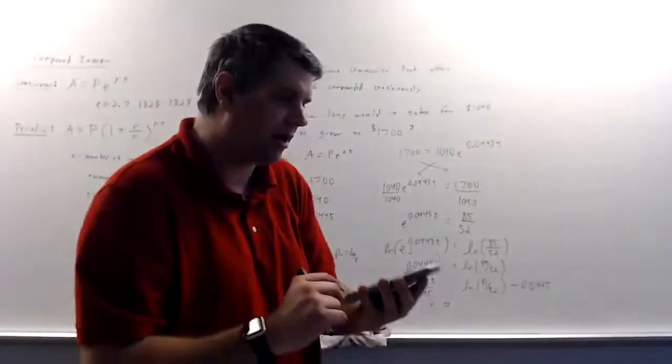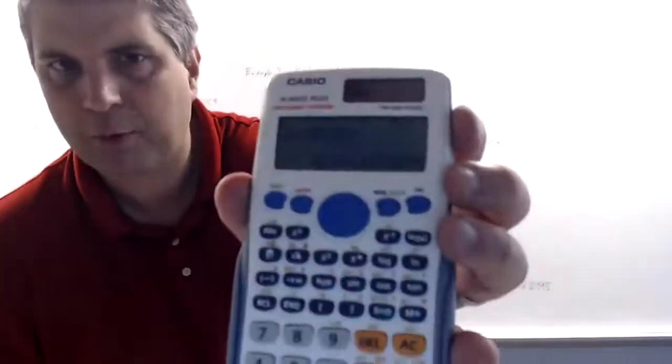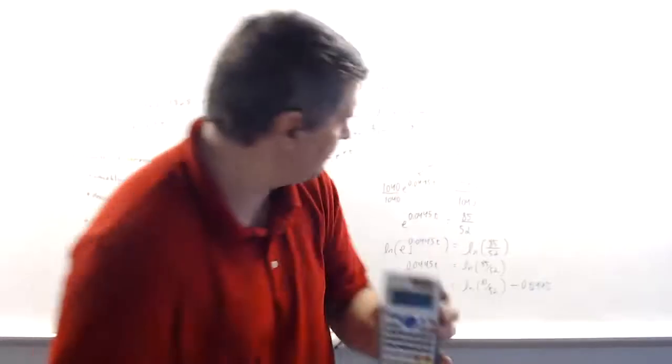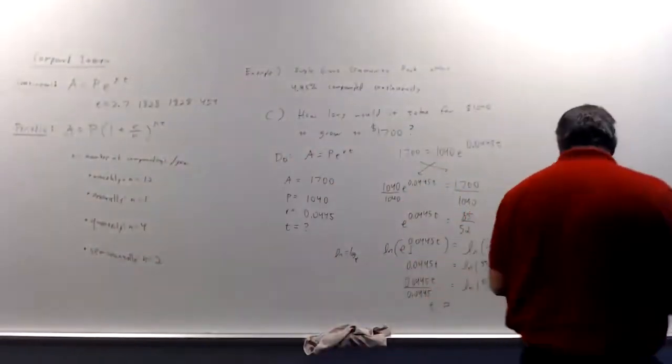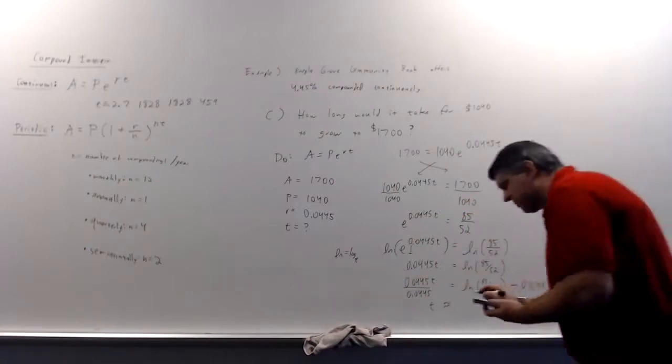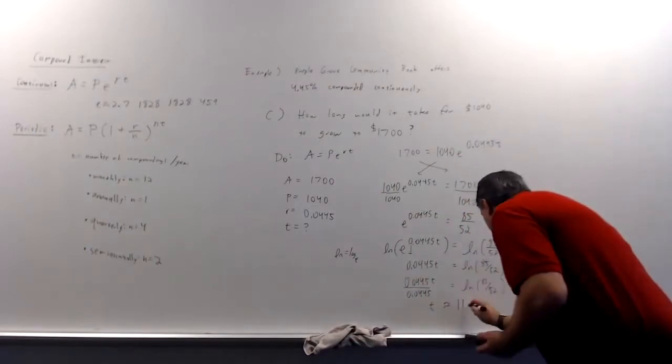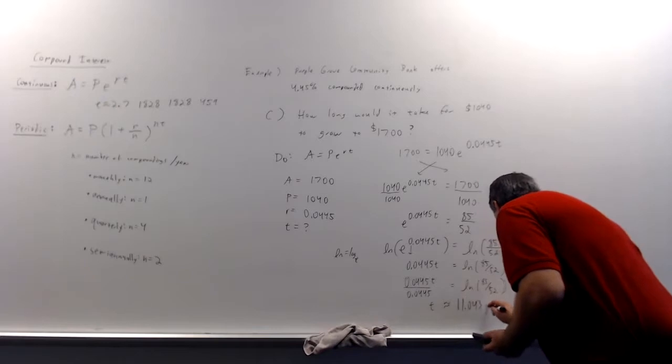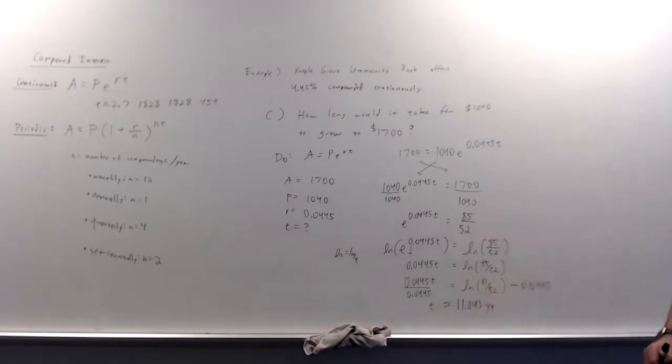I go ahead and hit enter or equal, 0.4914 something, and then divide by 0.0445. t is approximately 11.043 years.